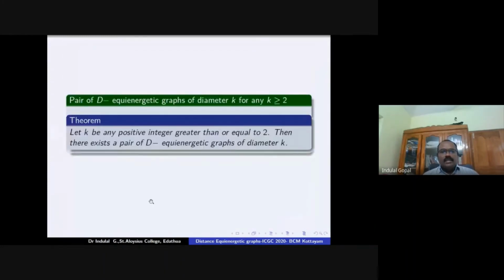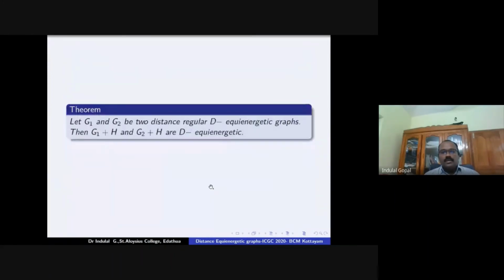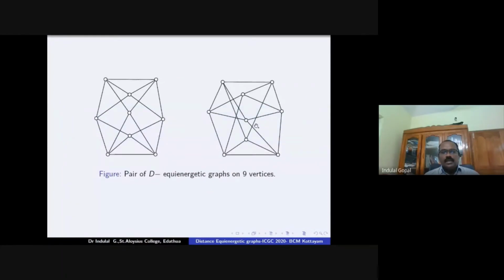And surprisingly, this gives rise to the result that we can construct a pair of D equi-energetic graphs of any diameter k for k greater than or equal to 2. Let k be any positive integer greater than or equal to 2, then there exists a pair of D equi-energetic graphs of diameter k. We start with the fundamental graphs, these two graphs of diameter 2.